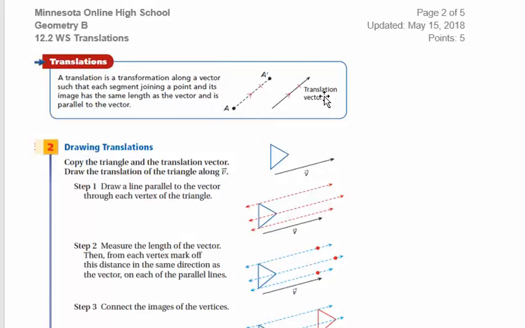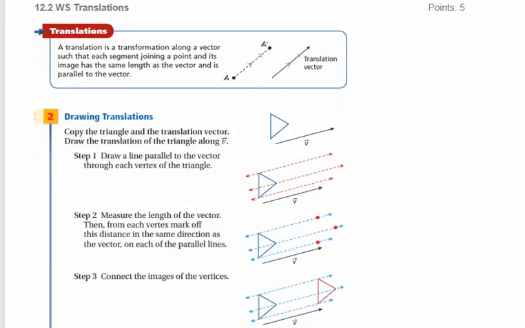If we have a translation vector, then you would take the pre-image, which in this case is this triangle, and apply this translation to every vertex, draw the new vertices of the image, and then connect them. So you would basically copy and paste this translation vector onto each vertex of the pre-image, retrace that line, and then you would get your image.